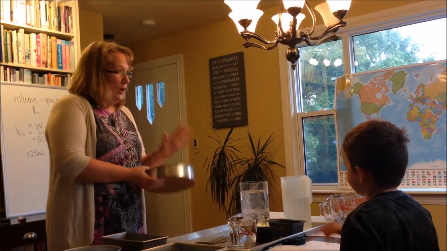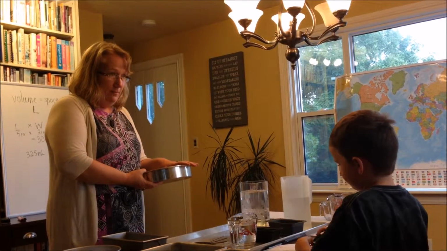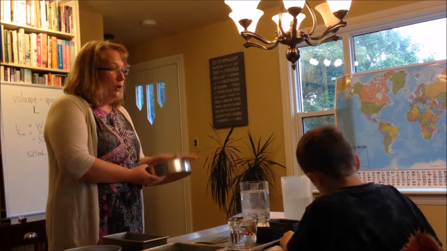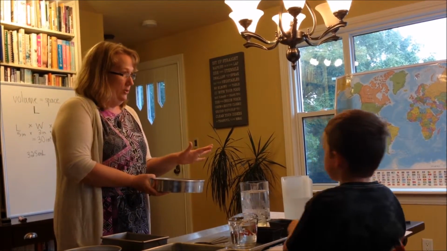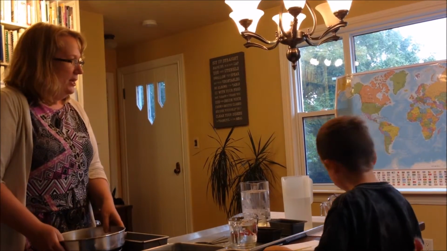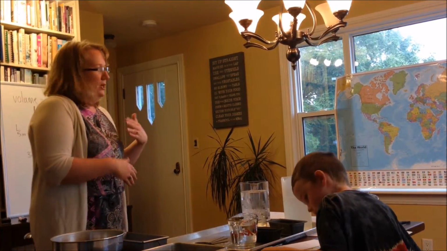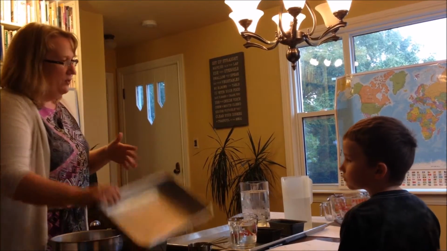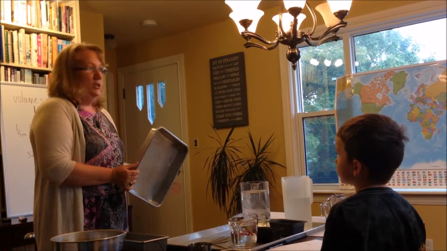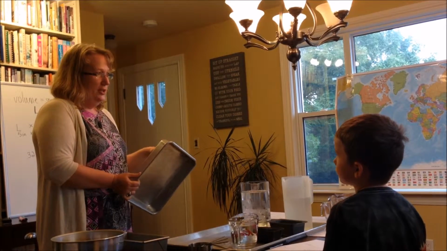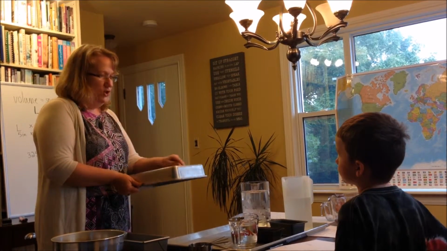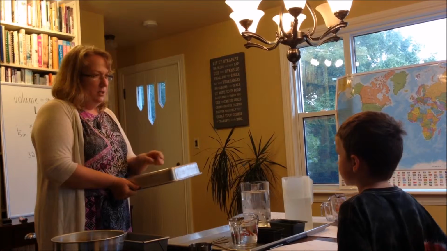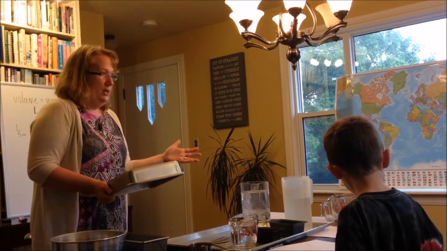Okay, so your homework for this time is to go over, usually there's charts, okay? It's not something that you have to have memorized, what the volume of pans are. There's lots of charts. Like this type of pan is a pretty standard size. You're going to be able to look on a chart, but sometimes you have a pan that has no markings on the bottom, doesn't tell you, and you don't have a tape measure.